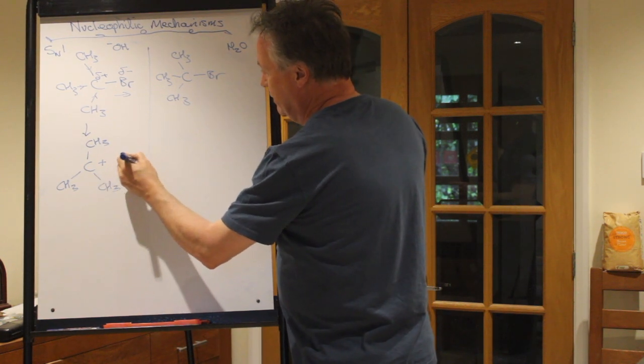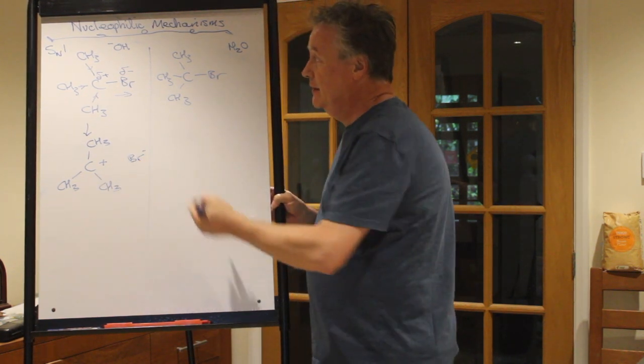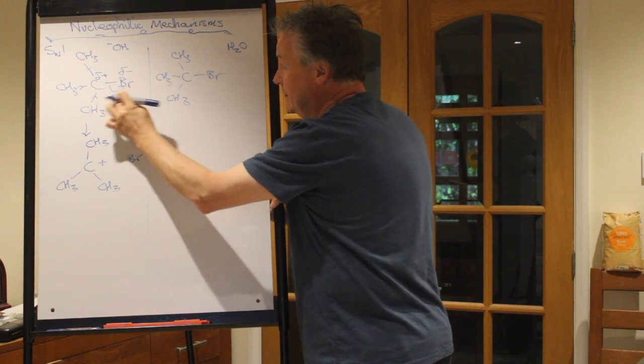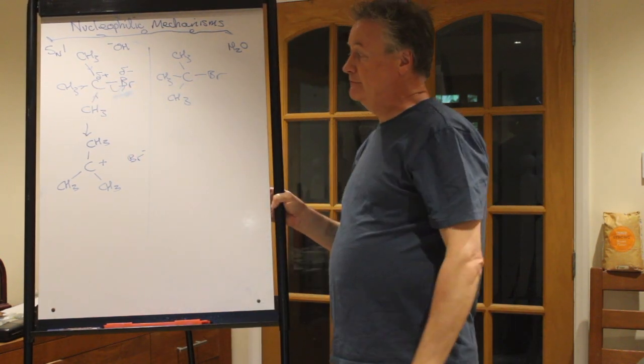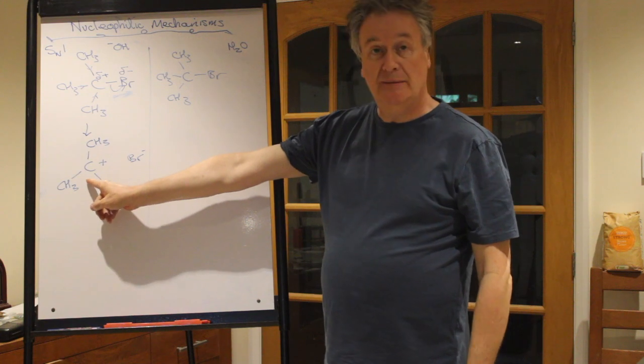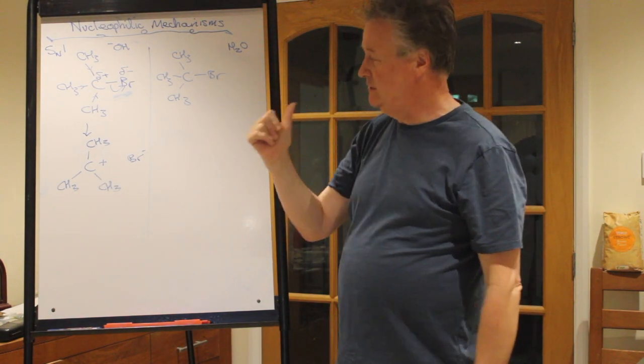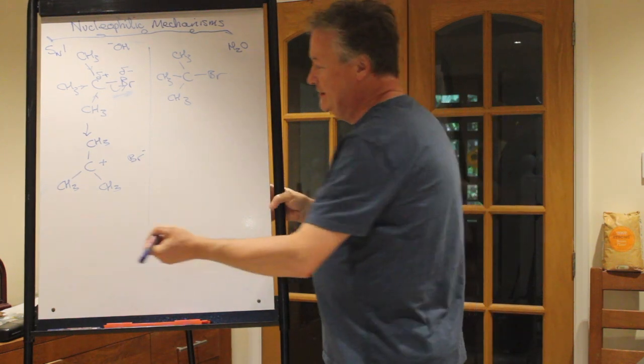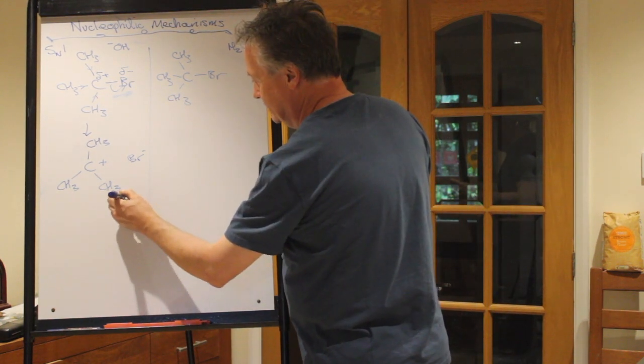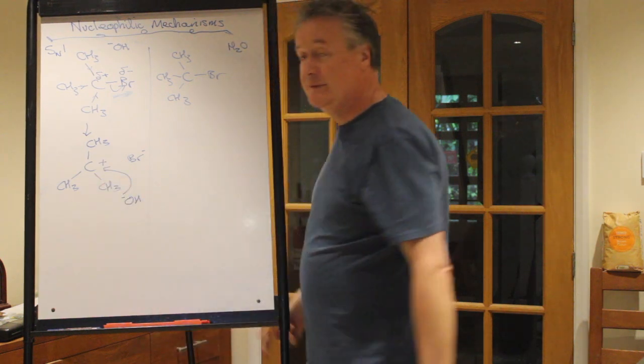So the bromide has left as Br minus because that bond has done that. That means that this is a carbocation because the bromine is left with its one extra electron that wasn't its in the first place. Then, and only then, does the OH minus go in and form the alcohol as a product.